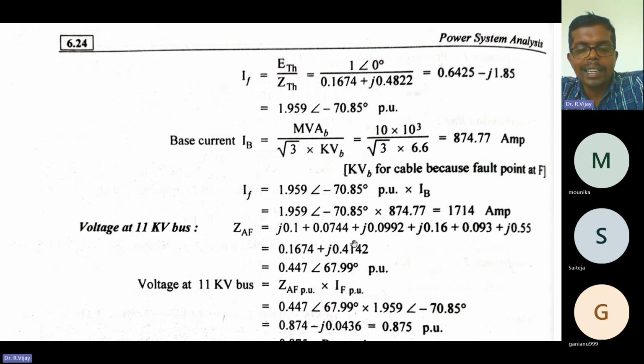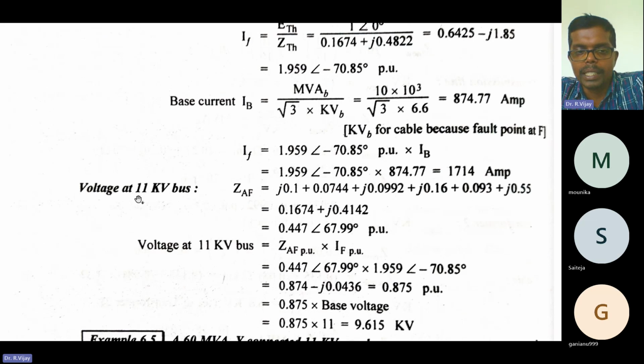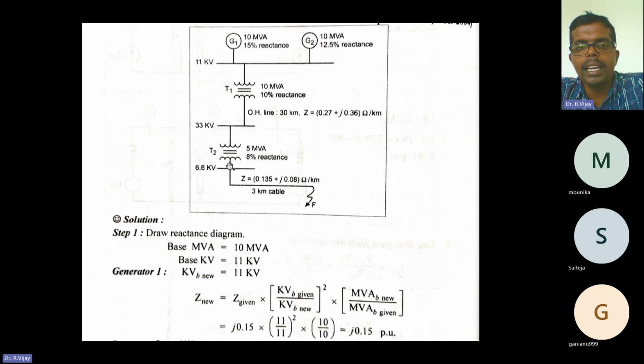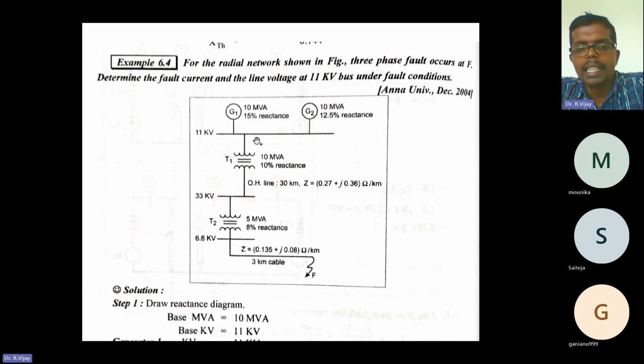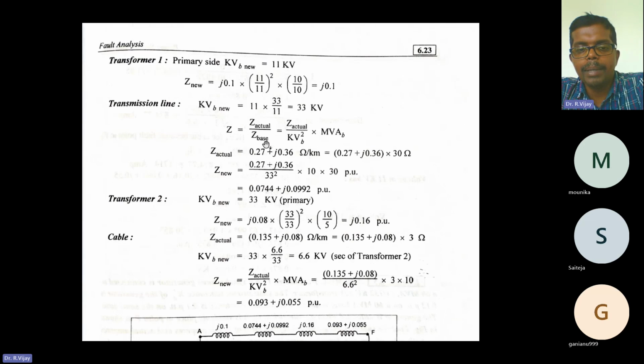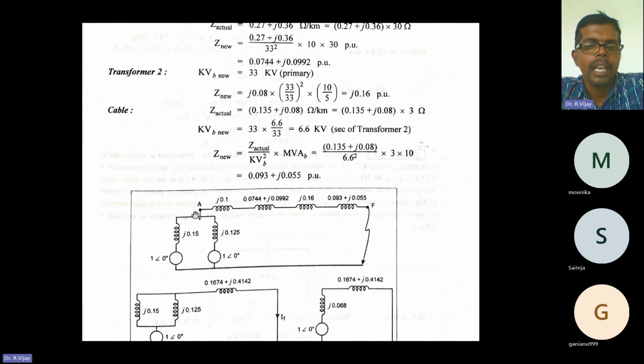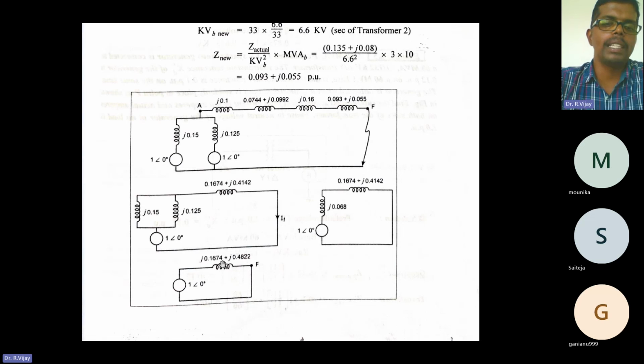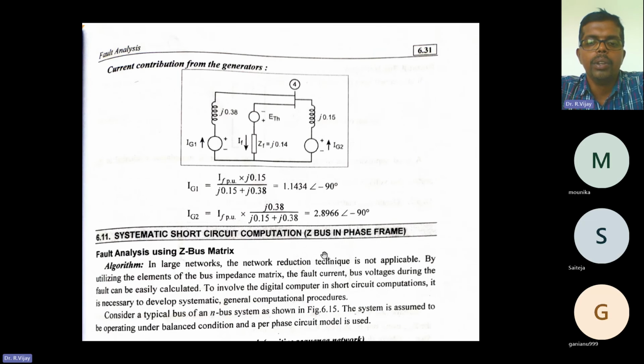Next, we need to calculate the voltage at the 11 kilovolt bus. In the single line diagram there is the 11 kilovolt bus, and in the reactance diagram it is exactly like here. You need to further simplify, and you already have the answer, that is 0.1674 plus j into 0.4822.